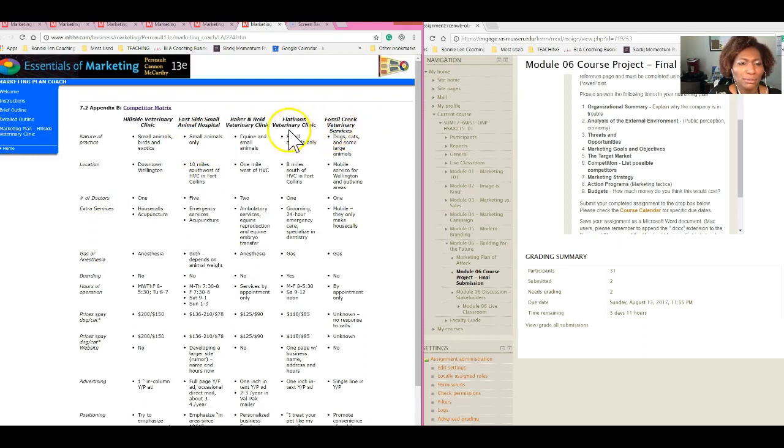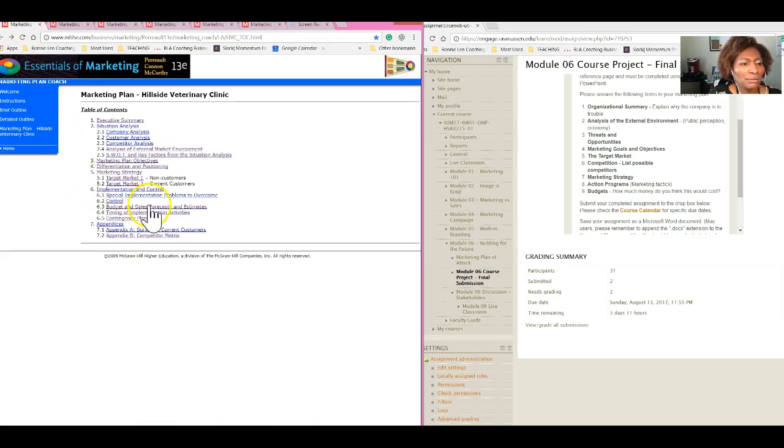So they have a couple of different veterinary clinics, I guess, within a certain distance from where they are located, and they talk about those competitors. Again, you can list just several of those competitors that are relevant for your organization or your marketing project that you will be doing. You don't have to list a certain number.